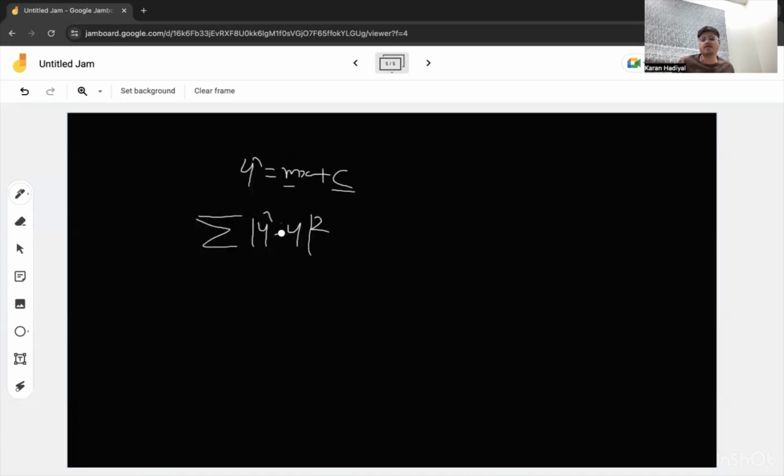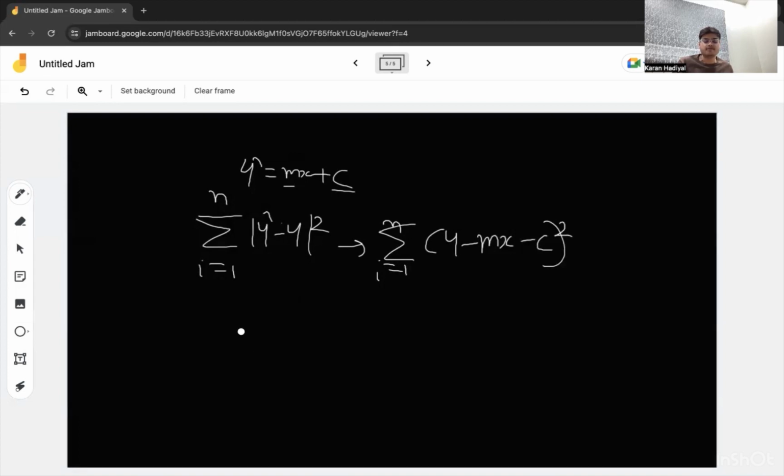If you don't add mod here, it is also okay because it is going to be squared, for i equal to 1 to n. So what is this y hat? y hat is nothing but mx plus c. So we can write it as, for i equal to 1 to n, y minus mx minus c whole square.